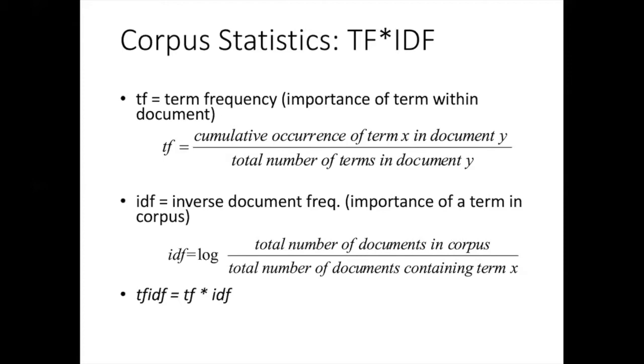IDF, or inverse document frequency, is the log of the number of documents in corpus divided by the number of documents that contain a given term. If a term has a high TF-IDF value, it means that this term appears frequently in a document, but is not a common word that you can find in every document.